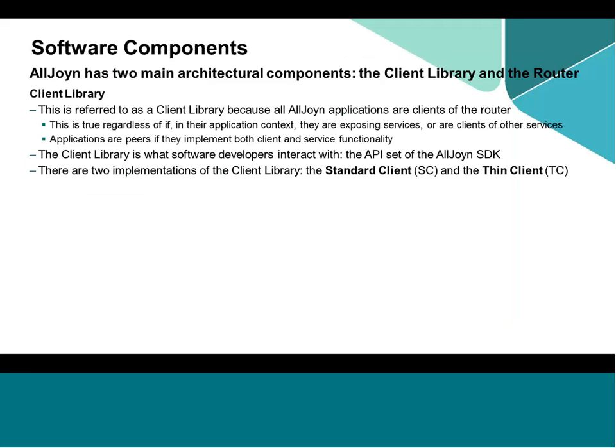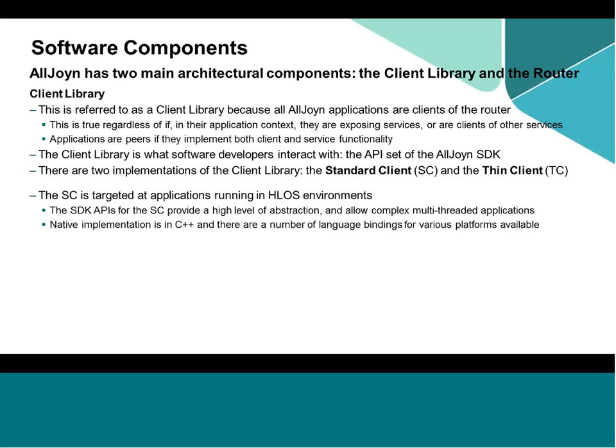And so the client library is broken into two parts. There's the standard client, which runs on a high-level OS, like your Android, iOS, your Linux desktop, your Windows desktop. Maybe it's even OpenWRT running on a router or some other piece of software. And then there's your thin client, which is designed for memory-constrained devices.